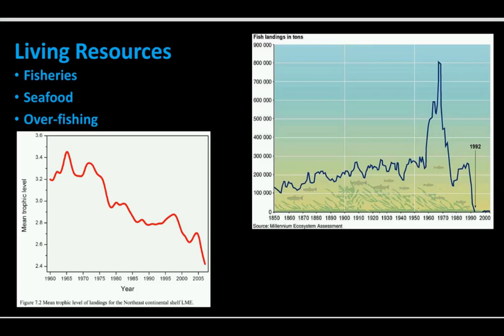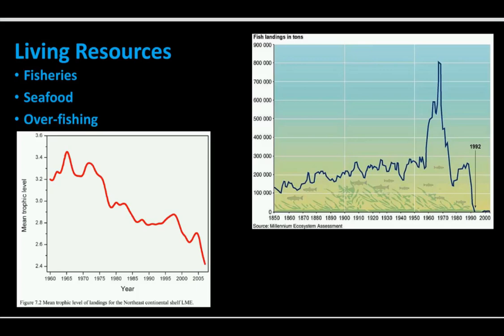But then in the 60s and 70s, we get this new technology, and it's just totally decimating their population. And if you look at 1992, you can see that line totally fell off the graph. There's literally no line there, and even in the 2000s, the line is just barely above zero. There's hardly any fish left to catch. And so obviously that's a huge problem.